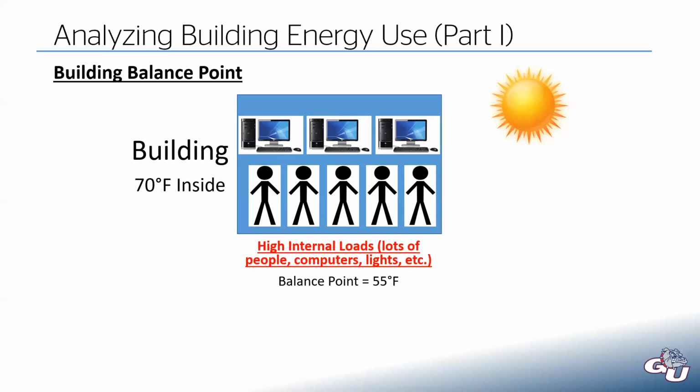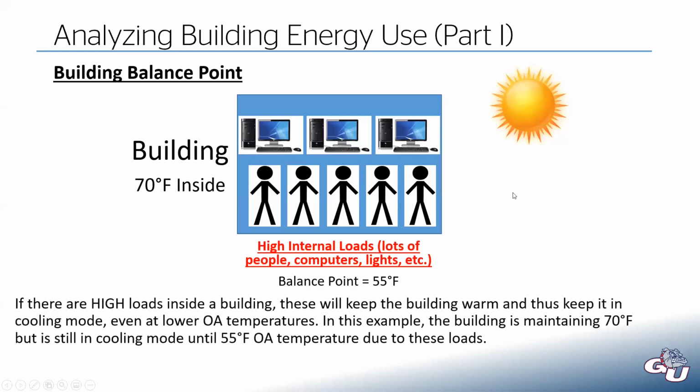What if you dropped it down to 60? Now the building is losing heat at a faster rate, but is it fast enough? That's why this balance point gets depressed the more internal gains you have. In this example, I'm saying the balance point is 55, because that's the point at which all of this heat gain in the space is balanced by the heat energy that's going to be lost to the outside.